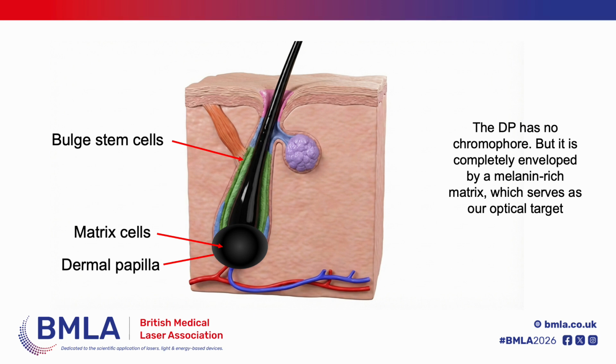And this collection of cells, the matrix cells, grow in size and in absorption coefficient as the concentration of melanin increases as the whole bulb descends towards the subcutis. So this is actually an excellent optical target, because not only is it dark with all that melanin, it's also quite large compared to the size of the hairs.